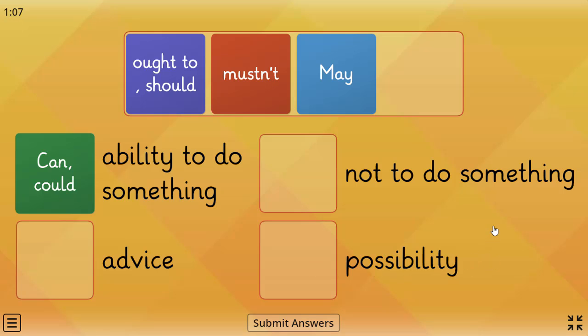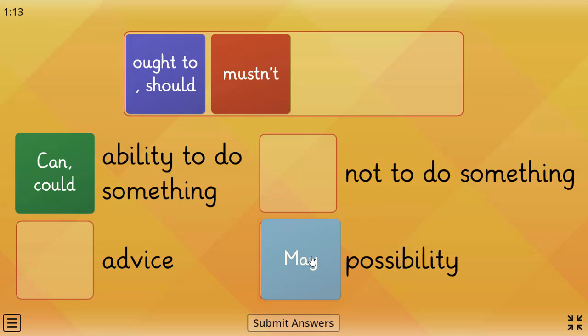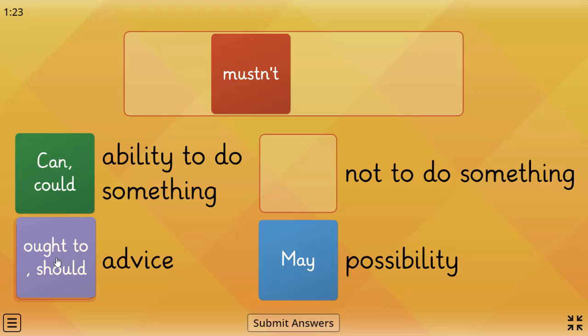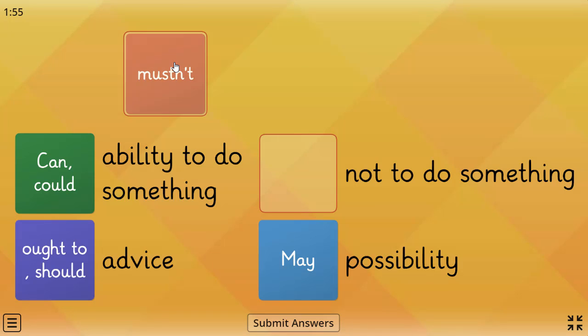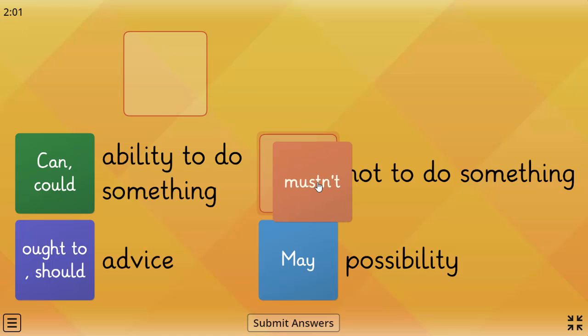Is it ought to, mustn't, or may? Yes, excellent, it's may. What about the modals used to give advice? Mustn't? No, it's ought to. What about mustn't? It's a way to express prohibition or to say to not do something.